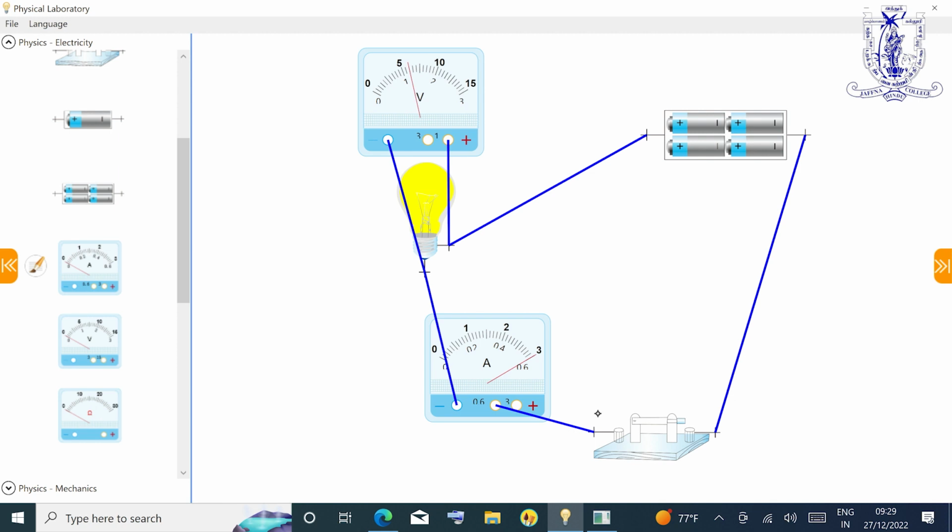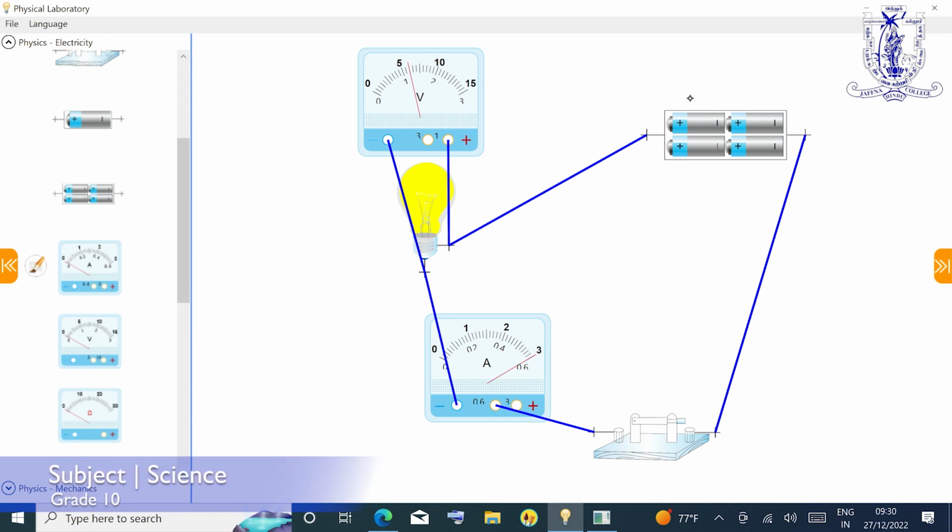The voltmeter reading is there, and the ammeter reading is there, and the batteries. Normally one battery is 1.5 volts. Here, six batteries: two in parallel give 3 volts output, because for long-term working, some two are in parallel and the other two are in series connection.